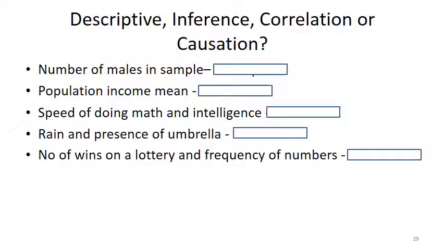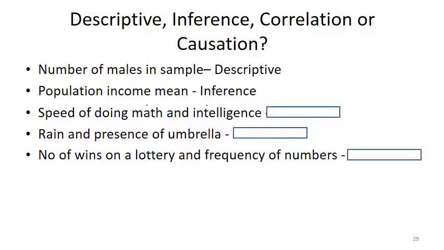So, having said all that, could you see if you know how to answer these questions, whether these are descriptive, inference, correlation, or causation? So, number of males in a sample, it's just basically describing a sample, so it's probably descriptive. Population income mean, and this is definitely inference because we are inferring the sample to the population. Speed of doing math and intelligence.